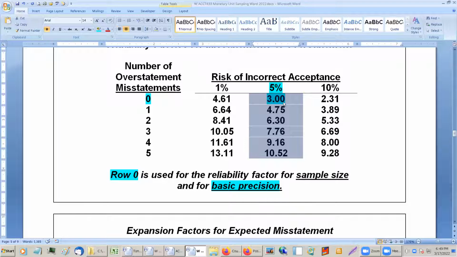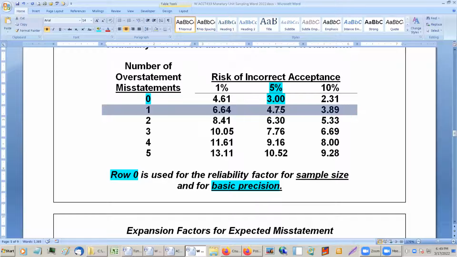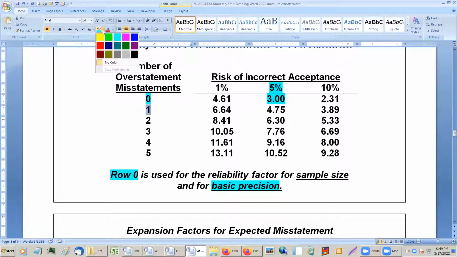I'll copy this. I'll make a mess out of it if I do that. So we're going to take the increment between the reliability factor 4.75, that's for 1. Let me see here. And the factor 3, we're going to subtract those 3 from the 4.75 and then subtract 1.